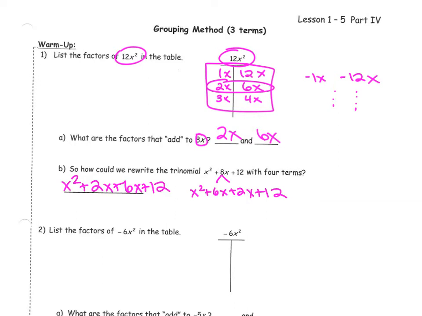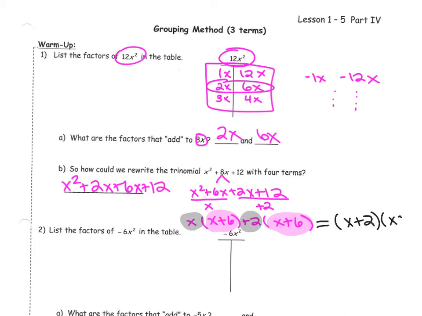Now, what I can do is factor by grouping. Take the GCF of the first two terms, so take out the x, I'm left with x plus 6, and take out the GCF of the second two terms, and I'll be left with x plus 6. Again, we should notice that the x plus 6's have to match. Whatever's remaining is our other factor. So this is really x plus 2 times x plus 6.